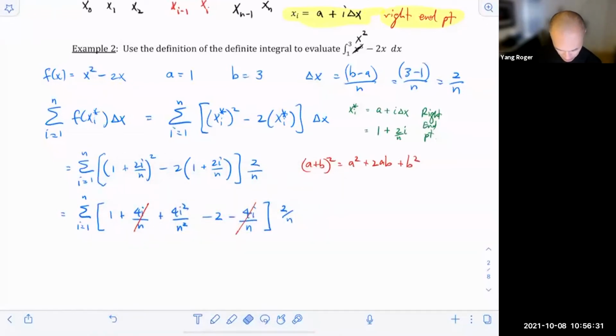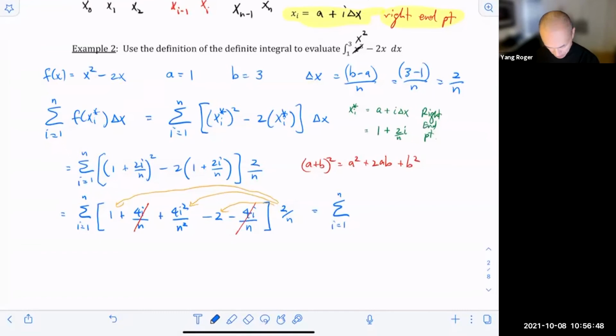So I'm going to distribute this guy here, here, and here. On my next line, I'm going to get the summation as i goes from 1 to n. We're going to have 2/n plus 8i^2 over n to the third power.